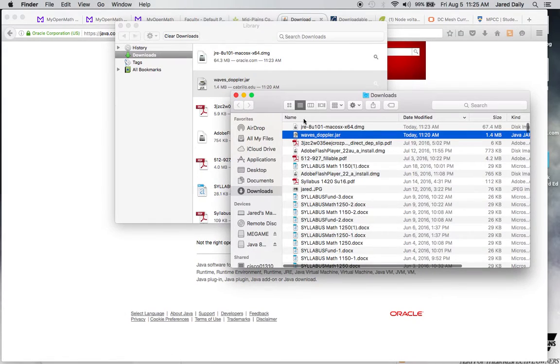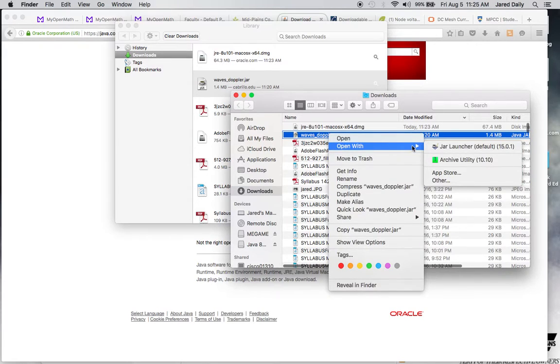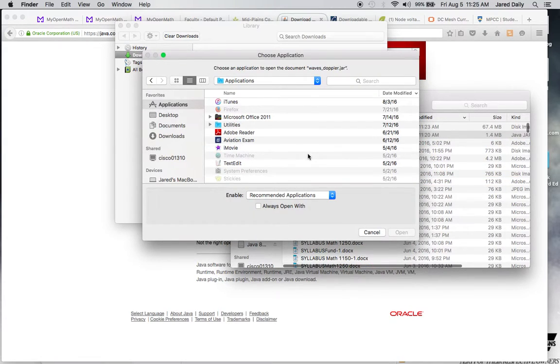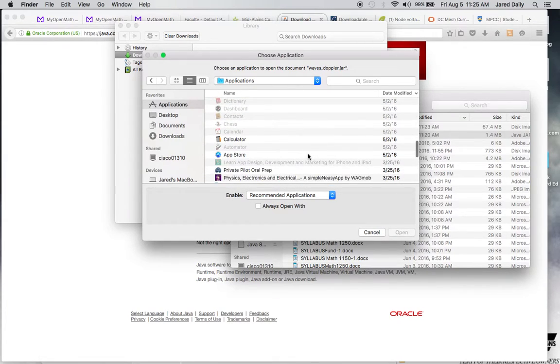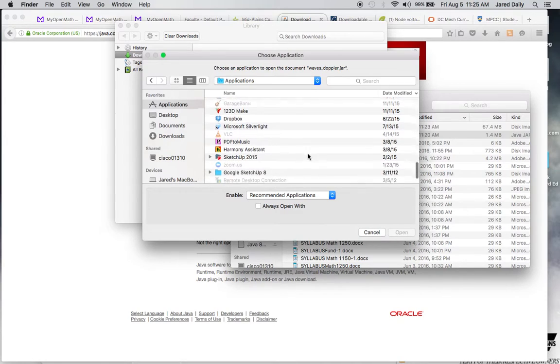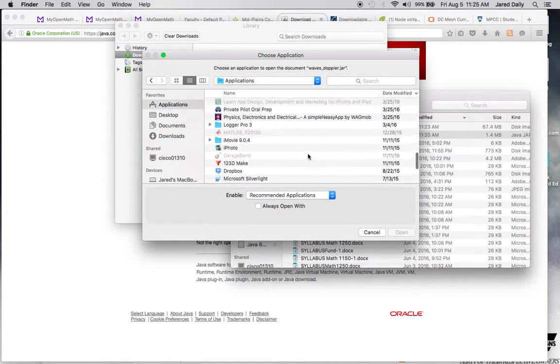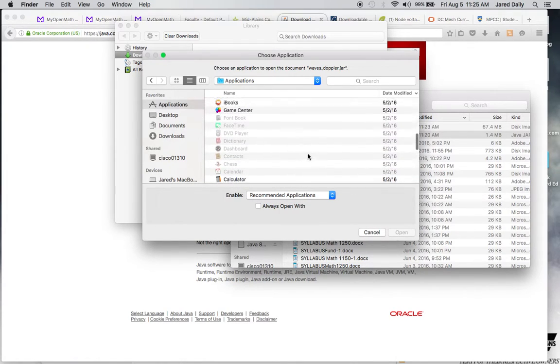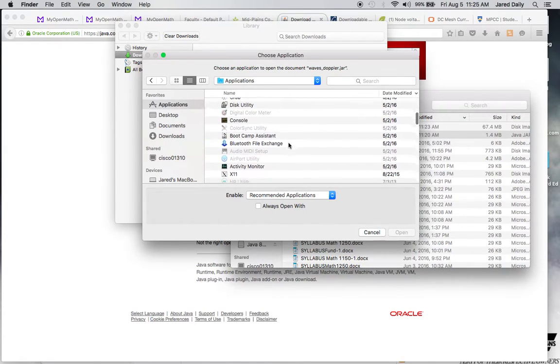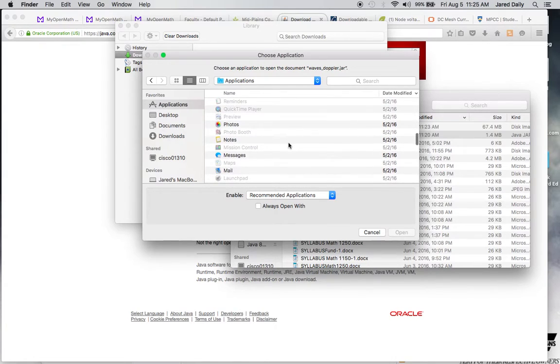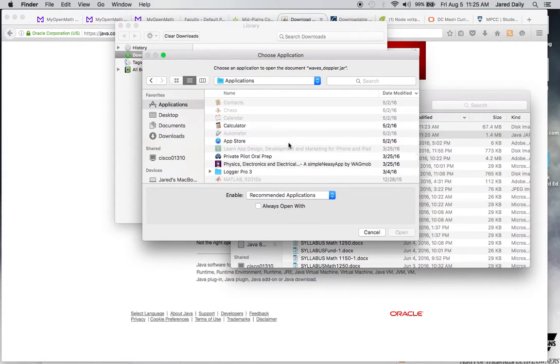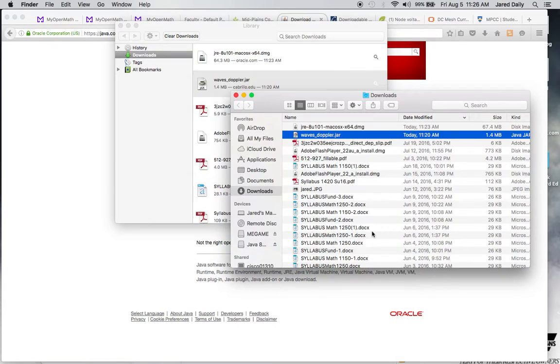Why am I in the App Store? I don't want to be in the App Store. There we go. Well, this is not being very helpful for me.